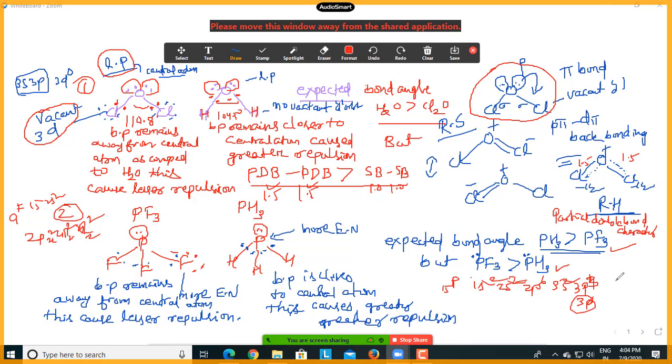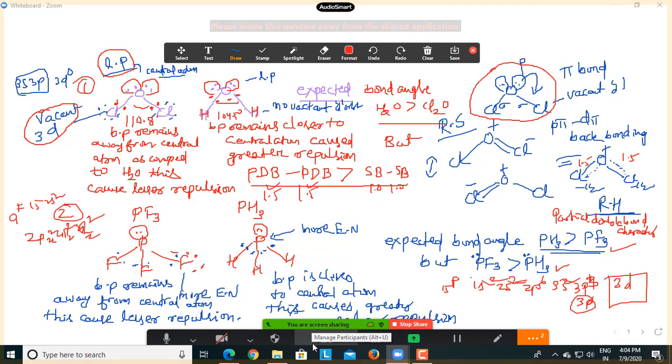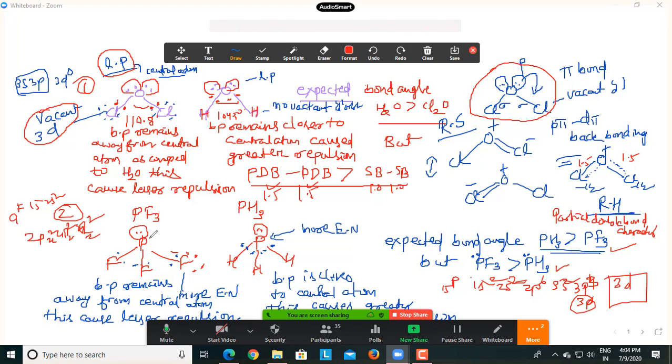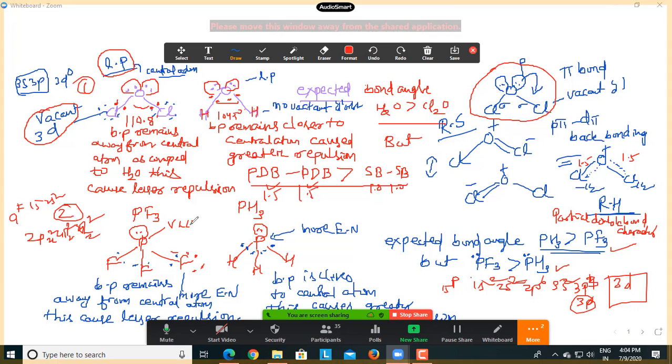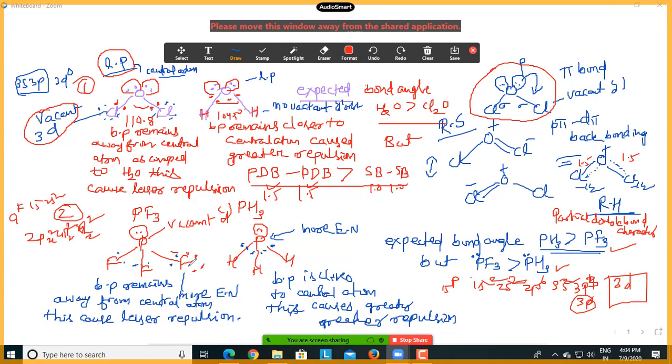In phosphorus there is a vacant orbital. In fluorine you will have p electrons. Here what we found is that some atom has a vacant orbital, here the central atom.